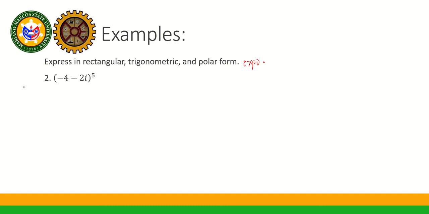So, yung r natin is equal to the square root of negative 4 quantity squared plus negative 2 quantity squared. So, our r is equal to square root of negative 4 squared is 16 and then negative 2 squared is equal to 4. So, r is equal to square root of 20 or this is equal to 2 square root of 5. So, ito ngayon yung r natin.